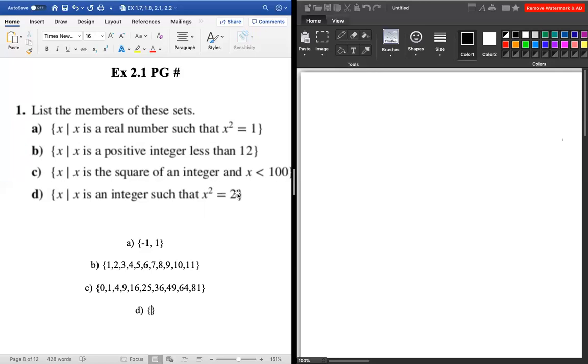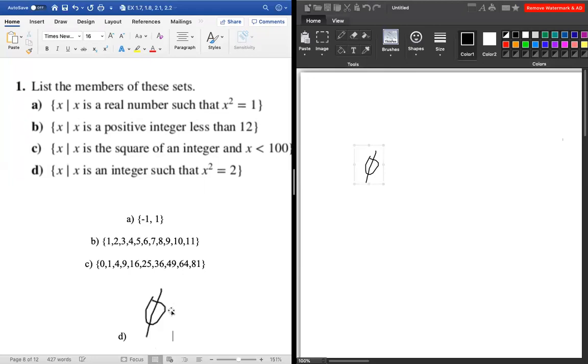Therefore, there is no element that satisfies this criteria, so it's an empty set. The notation for the empty set is this, which means that there is nothing in the set. We'll put here the empty set.